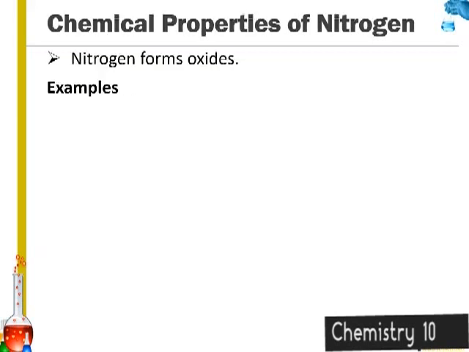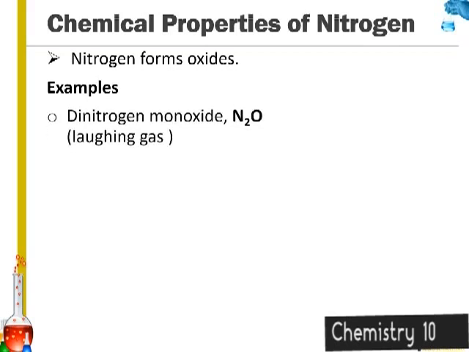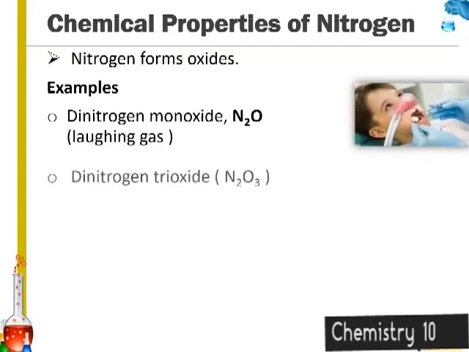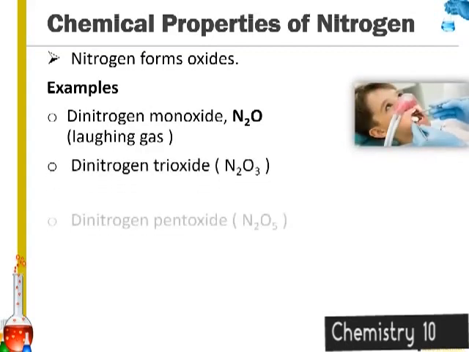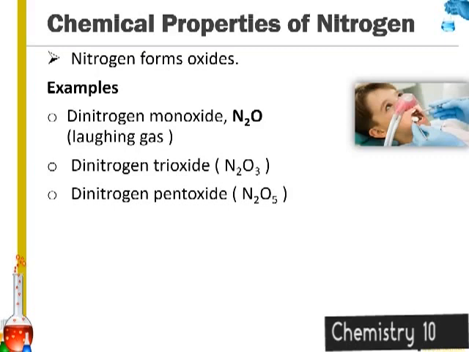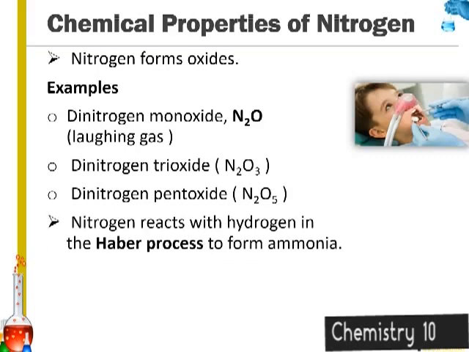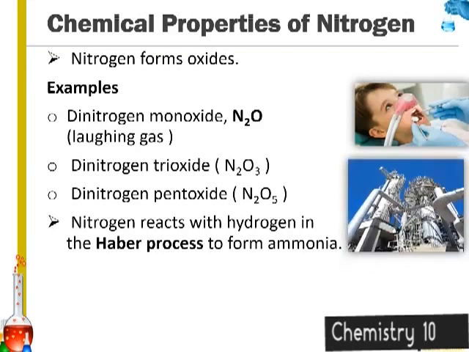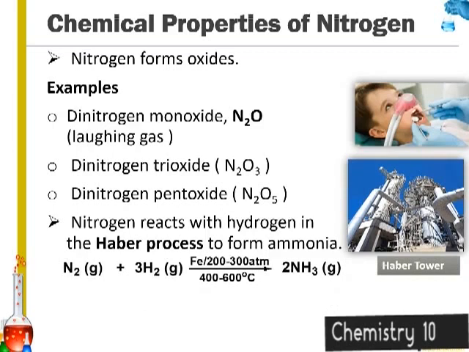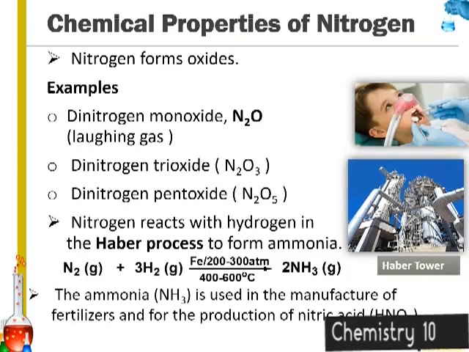So overall, nitrogen can form many different types of oxides, including dinitrogen monoxide, otherwise known as laughing gas, dinitrogen trioxide, dinitrogen pentoxide, and can also react with hydrogen in the Haber process to form ammonia. The ammonia derived from this process is used to manufacture fertilizers and for the production of nitric acid.